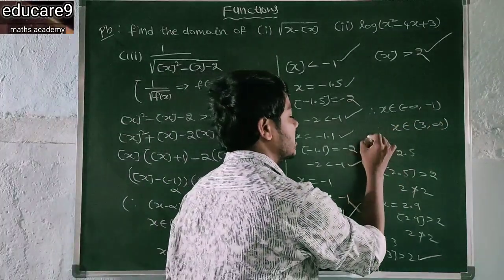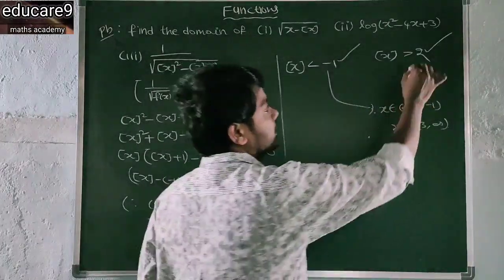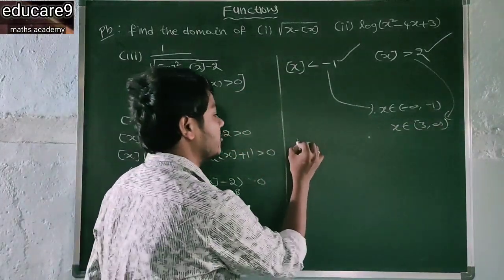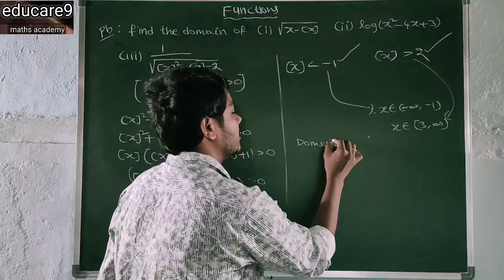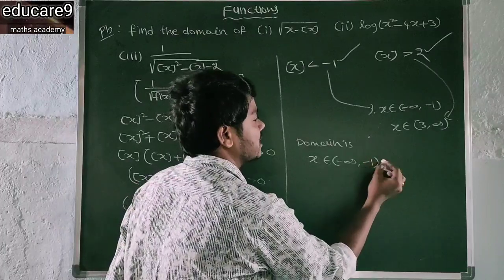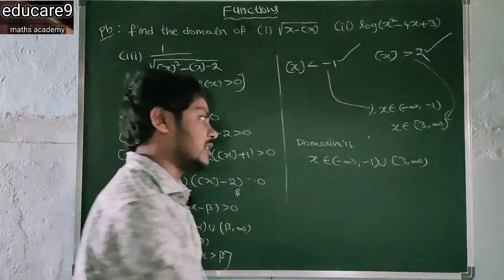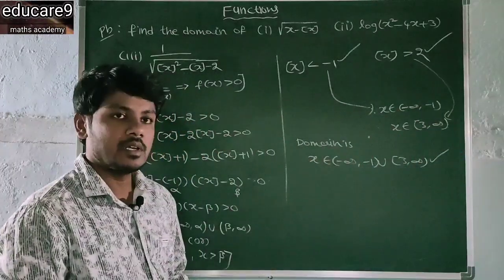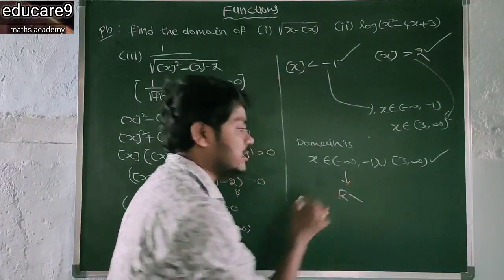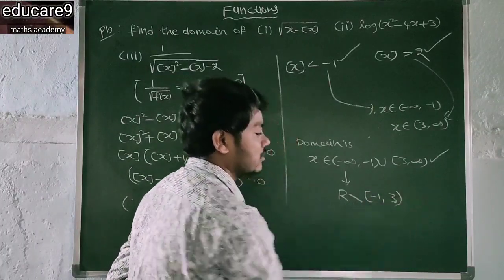So clearly, what is the domain of the given function? Here x belongs to minus infinity comma minus 1. Here x belongs to closed interval 3 comma infinity. So therefore, domain is x belongs to minus infinity comma minus 1 union closed 3 to infinity. So this is the domain of the given function. Simply, this can be written as R minus closed interval minus 1 comma 3 open.